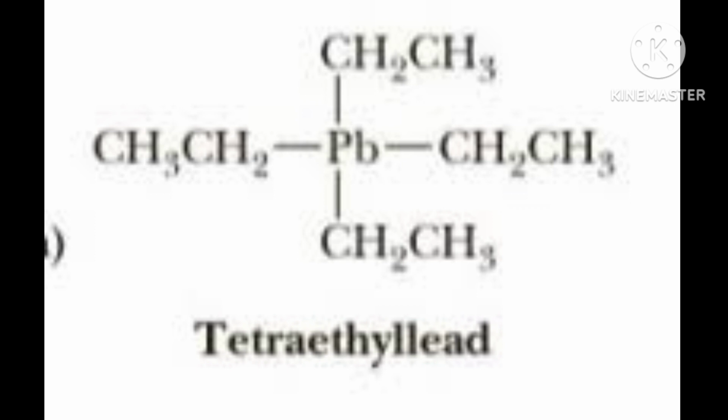Then ethylene dichloride and ethylene dibromide are used. That will convert the lead and lead oxide into lead bromide or lead chloride. Lead and lead oxide were non-volatile or less volatile, but now lead bromide and lead chloride are more volatile, and escape into the air along with exhaust gases. So now lead has come outside.